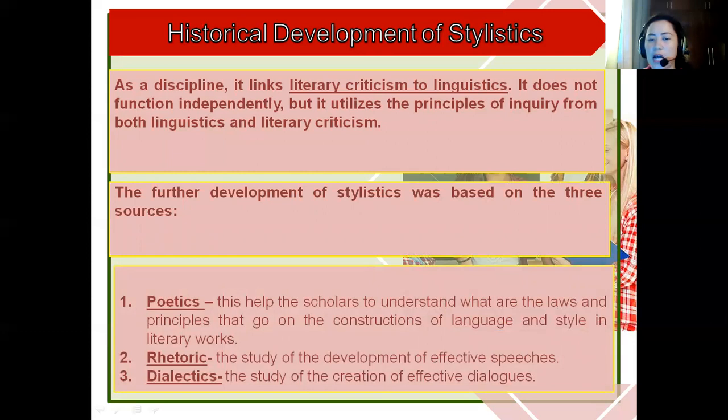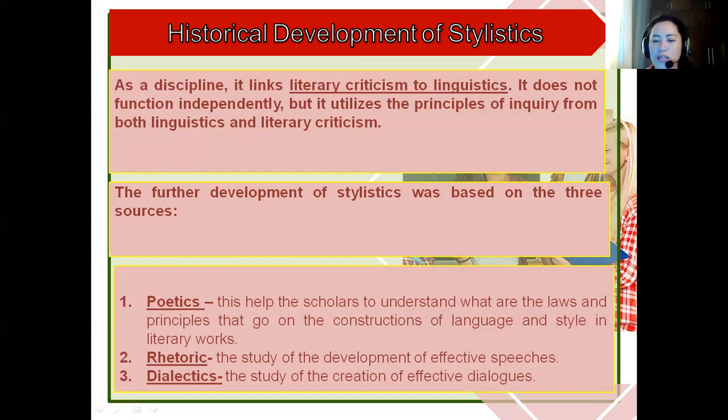Poetics helped the scholars in the old generation, or in Greek time, to understand the laws and principles that go into the construction of language and style in literary works.